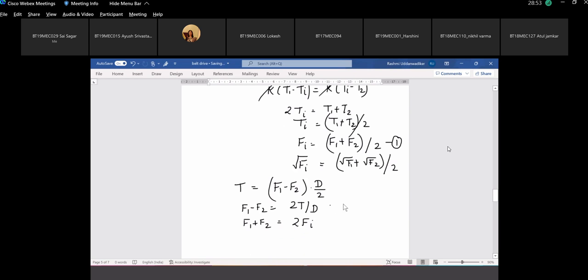If these two equations, equation number 2 and equation number 3, if I divide them, what do I get? (F1 minus F2) upon (F1 plus F2) is equal to T by D into Fi.